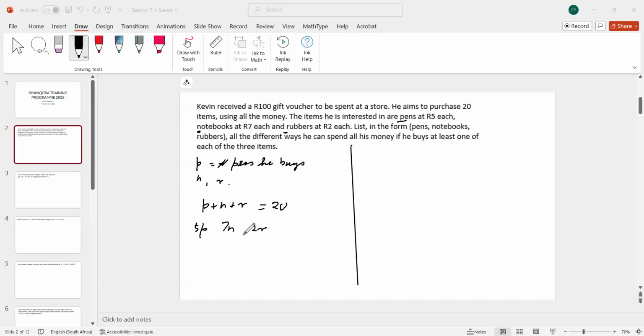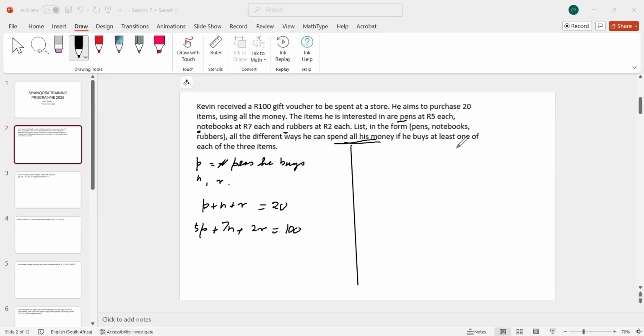When you add them, that will give you the total amount of money that he spends, and he spends all his money. So it's not less than or equal to 100, which would be if he spent at most 100 rands, but he spends exactly 100 rands.